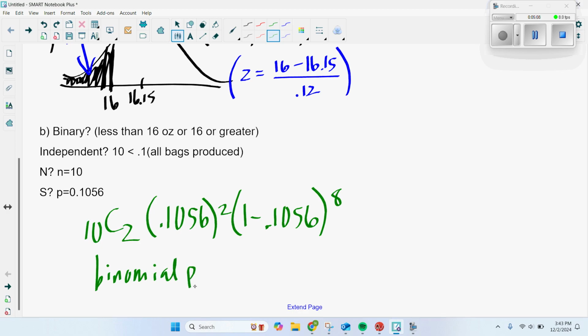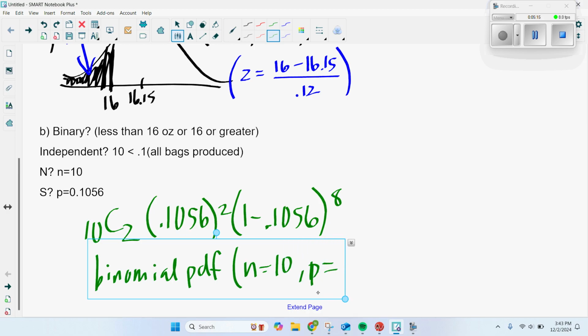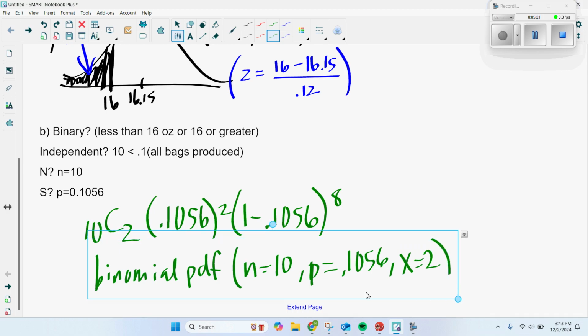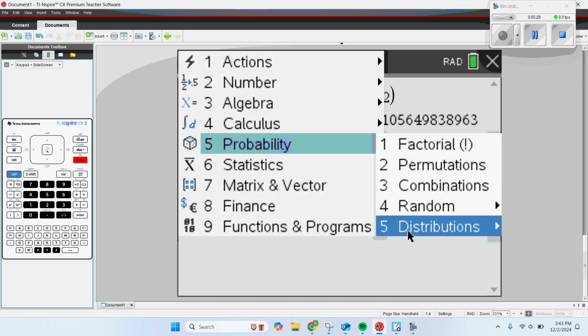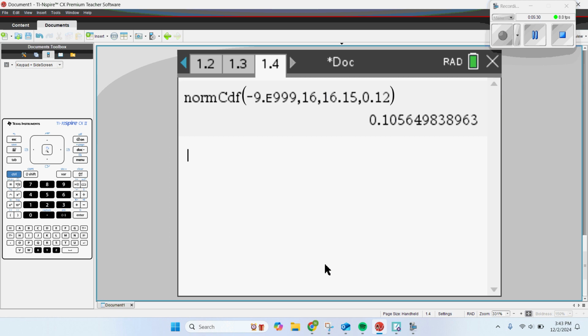And if you decide to use that as your work, please, please, please label your numbers. You can type it in first if you want to, but make sure that you label it. So I'm actually going to do that. I'm going to go to binomial PDF. It's a distribution, and there it is.